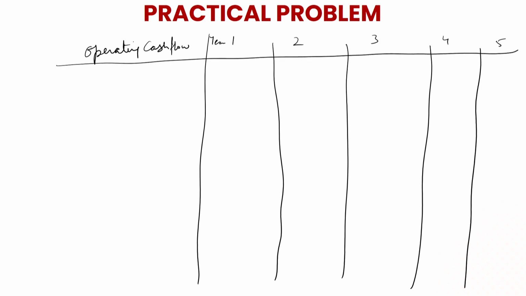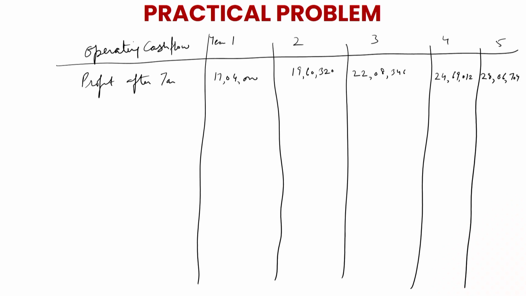For calculating operating cash flow, we are given profit after tax, which we just computed: 17,04,000, 19,60,320, 22,08,346, 24,69,012 rupees, 28,06,704. As we know, we will have to add back the depreciation for all the respective years.